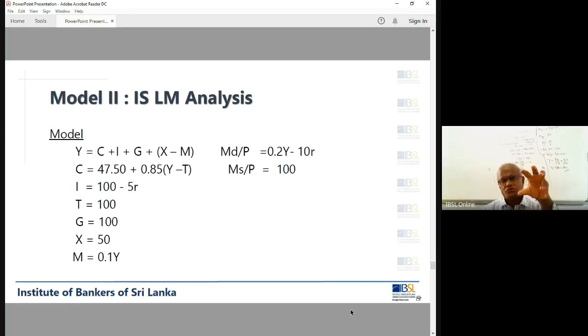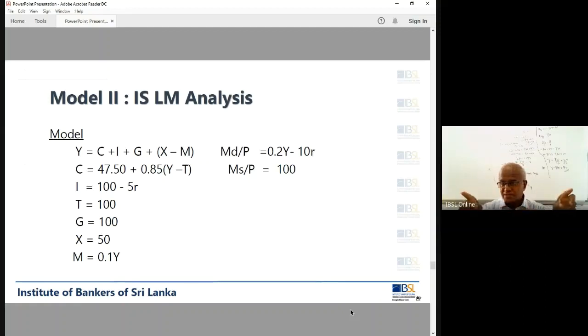In the past paper questions, I can see the setting. For example, they give the IS-LM model, ask you to derive the IS curve and LM curve, then ask you to analyze some policy measure: an increase in government expenditure, an increase in money supply, expansionary fiscal policy. That is a very important term. Expansionary fiscal policy means an increase in government expenditure or a reduction in taxes.